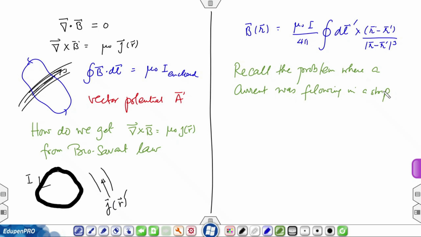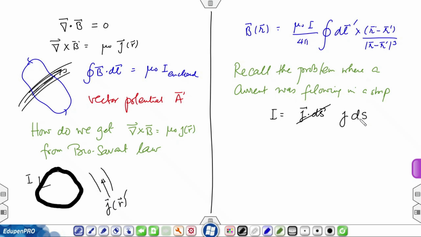Like that problem, I can now write this I as J dot ds. Right now, let me write this as a scalar quantity j ds, and you will see the reason for that.